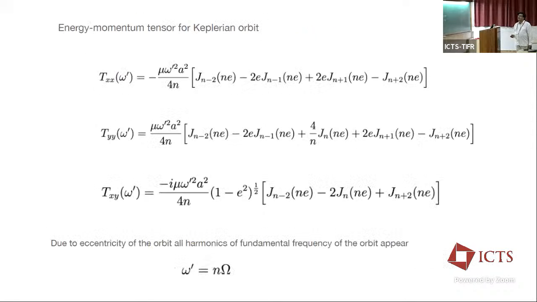So we calculate the components of the stress tensor, and they turn out to be some Bessel functions. And since there is eccentricity, the angular speed changes during the orbit. So you have to expand it as harmonics of this fundamental angular frequency. So the angular frequency here is the expansion of many harmonics if it's an eccentric orbit.